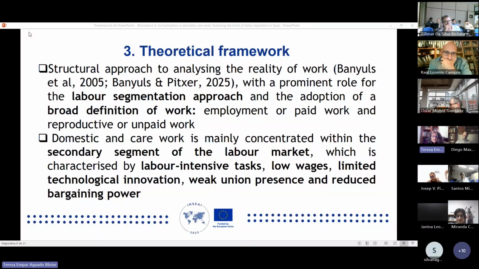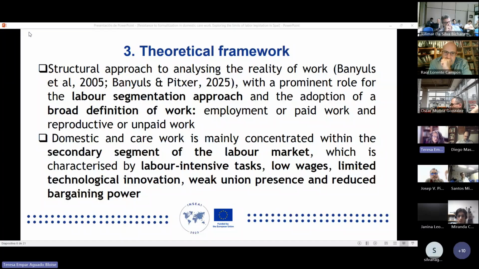To explain this vulnerability, we rely on a structural approach to labor market and on segmented labor market theory. Domestic and care work tends to fall within the secondary segment of the labor market, characterized by labor-intensive tasks, low wages, weak union presence, limited innovation, and reduced bargaining power.